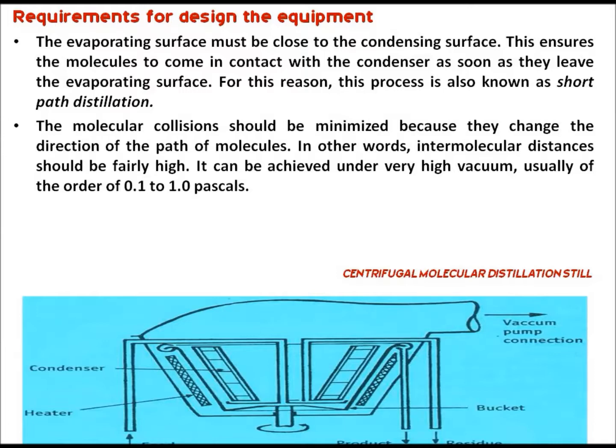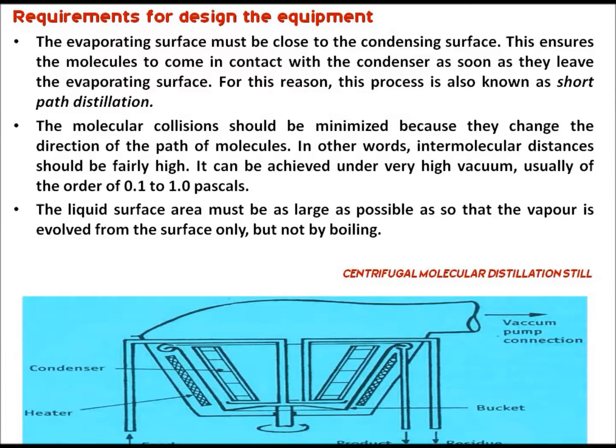How to increase the mean free path? By increasing the temperature and bringing down the pressure. So here we increase the intermolecular distance by using high vacuum, usually in the order of 0.1 to 1 Pascal.